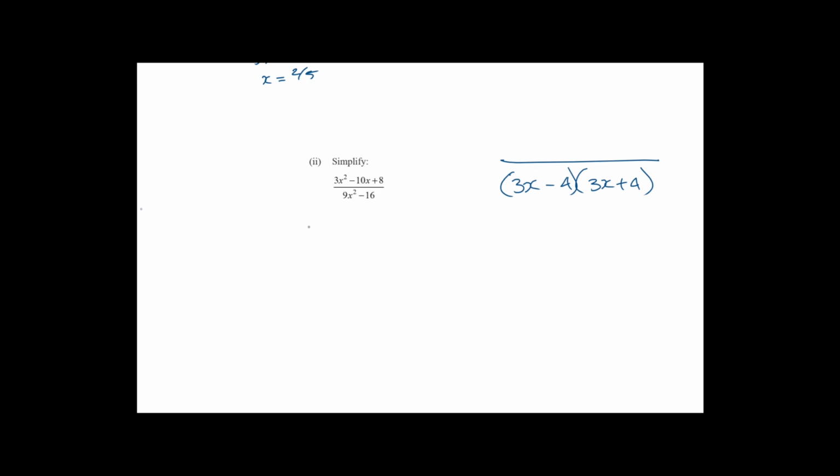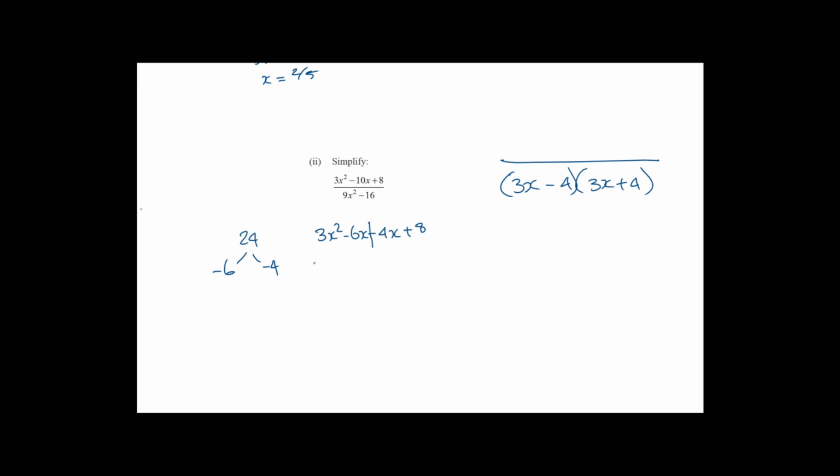Now let's factorize the top, and I bet it's going to be one of those that we get out of it. So 3 times 8 is 24. So I need two numbers that multiply to give me positive 24 and add to give me negative 10. So it's going to be negative 6 and negative 4. So 3x squared minus 6x minus 4x plus 8.